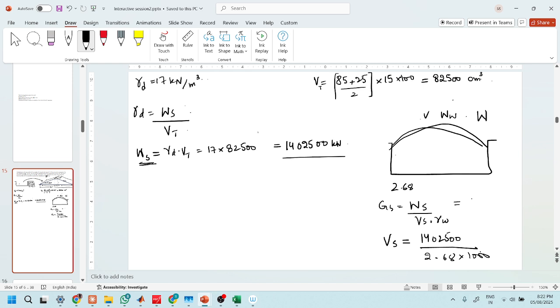Madam, why have you used 1000, madam? Yeah, because weight of the solids is in kilonewton, no? Yeah, okay.